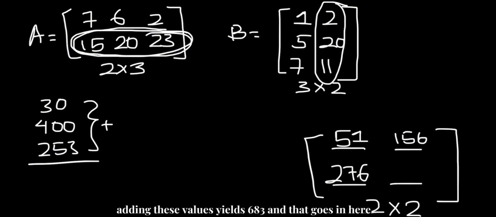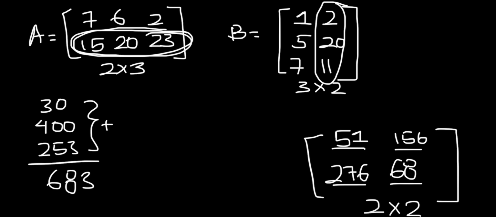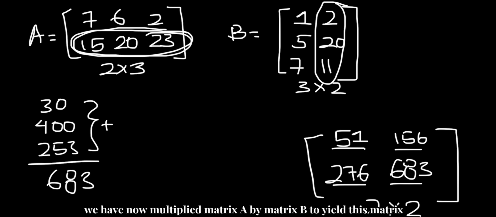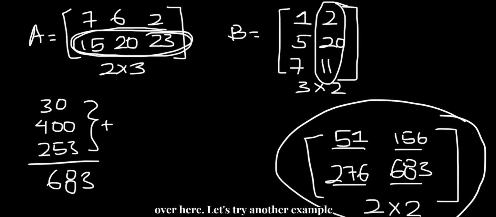Adding these values yields 683, and that goes in here. We have now multiplied matrix A by matrix B to yield this matrix over here.